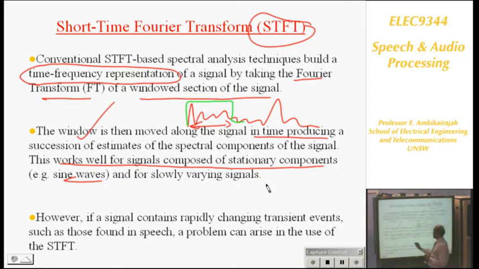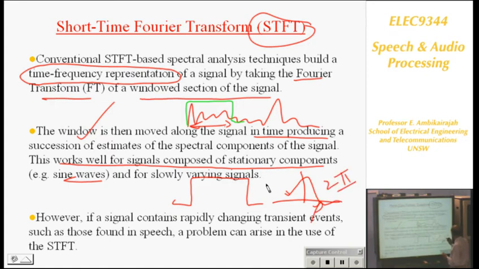As you have already learned, a window acts as a low-pass filter. If you plot the window's magnitude response, the cutoff frequency is 2 pi over N. For a large window, this is very small, so it's a low pass filter with a very small cutoff frequency. But for a small window size, the cutoff frequency is large.